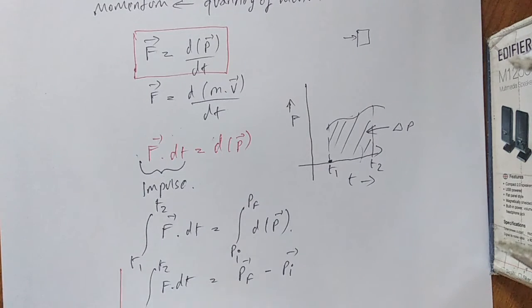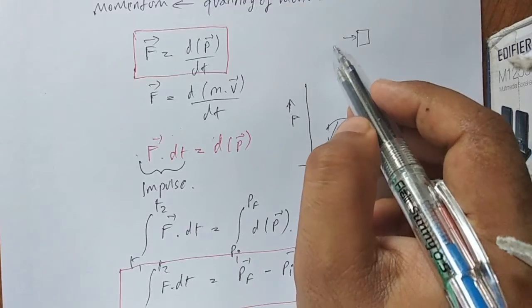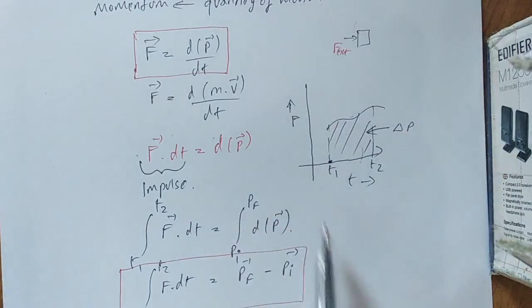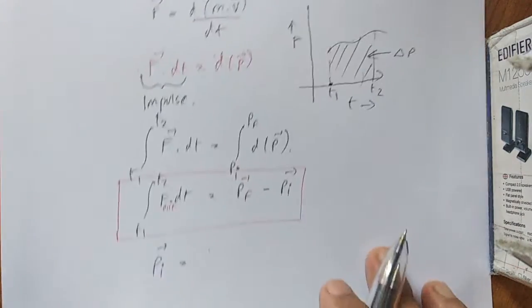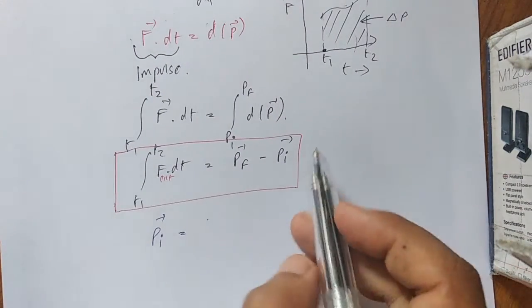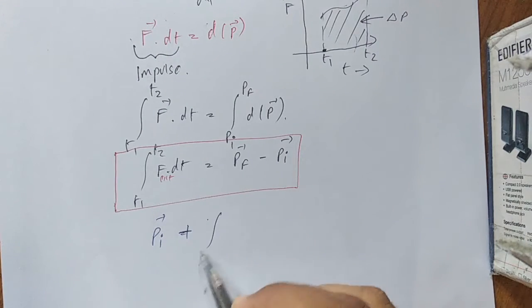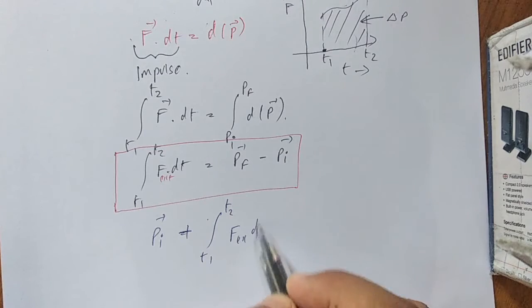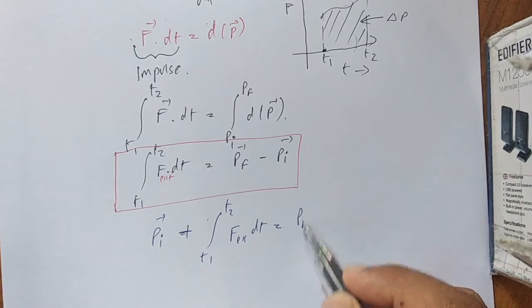You need to note that in this equation, the force acting on an object is the external force, acting on the system or the object. So you can see that p initial plus the integral from t1 to t2 of external force dt is equal to p final.